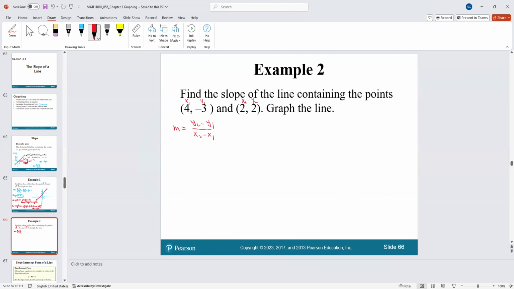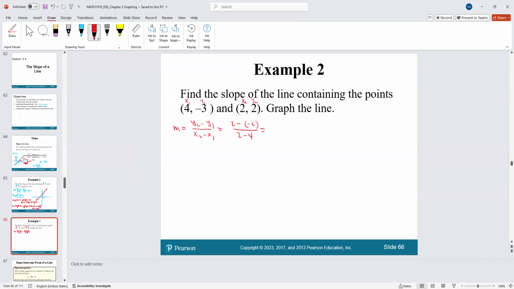Now, what we're gonna do is 2 minus negative 2 over 2 minus 4.